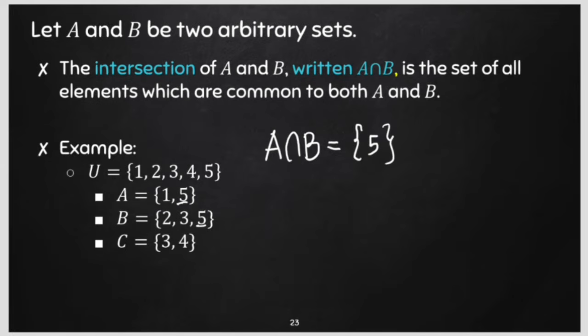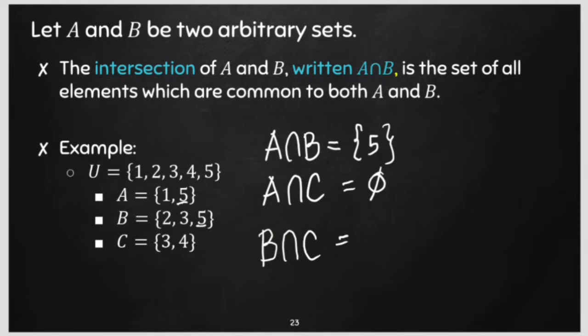And if we have A intersection C, if we try to find the common elements of A and C, there's none. So in that case, I have an empty set. And then if I'm going to find the intersection of B and C, the common element is 3. So I will only have {3}.